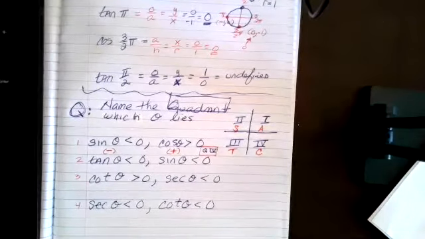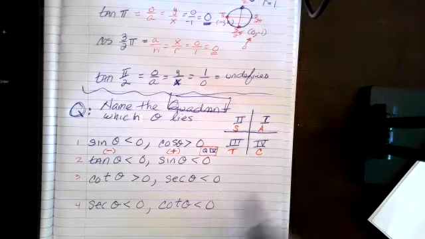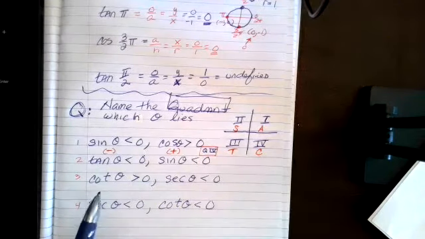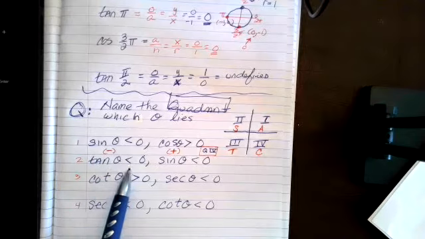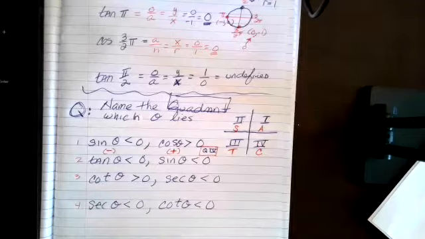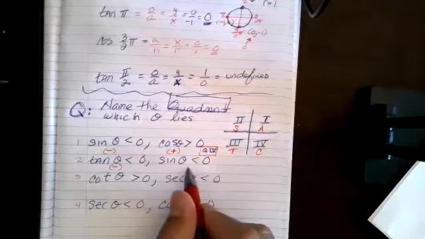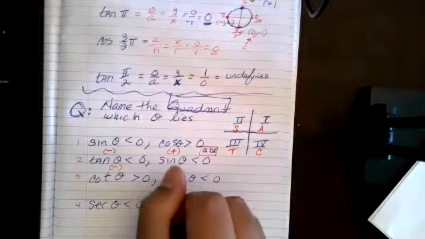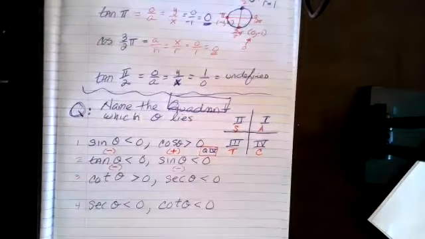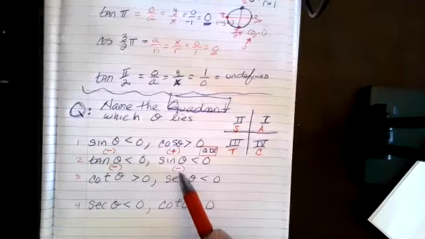I'll try these 3. Should I give you some time to do it, or we'll just walk through them? Tan of theta is less than 0. So that means tan of theta is negative. And sine of theta is less than 0. So sine is negative. In what quadrant is tan negative and sine negative?